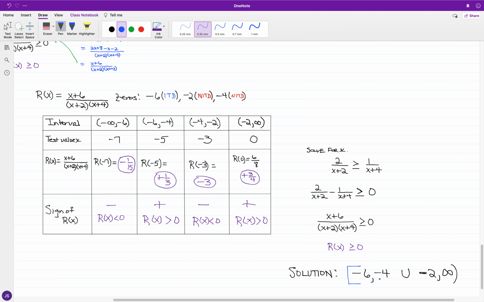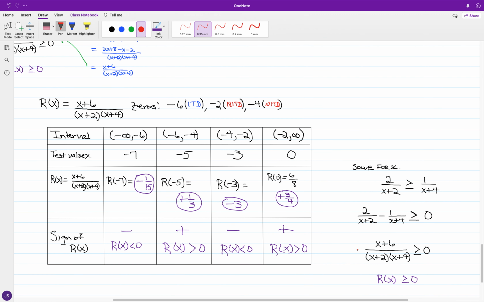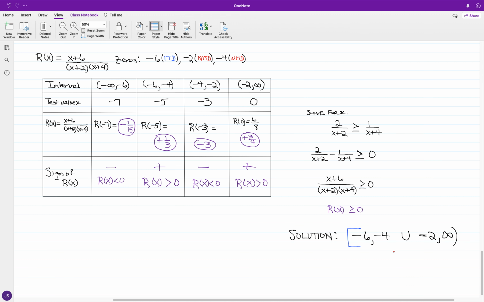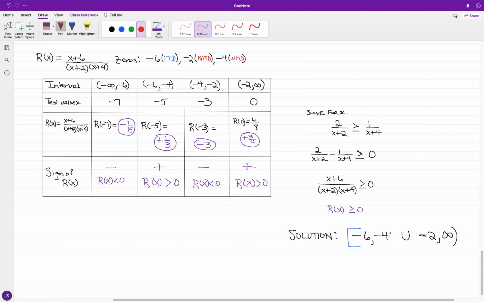Whereas with negative 4 and negative 2, since those are not in the domain, because their factors are in the denominator, instead of equaling 0, the rational expression winds up becoming undefined. So for the completion, negative 4 is going to be in the parenthesis, and so will negative 2. This will be the outcome in this one.